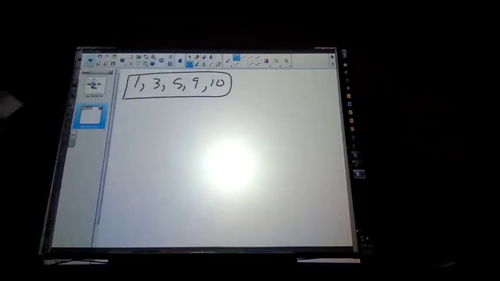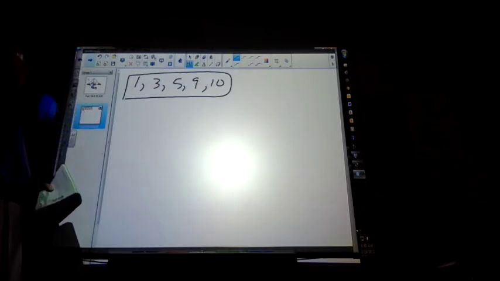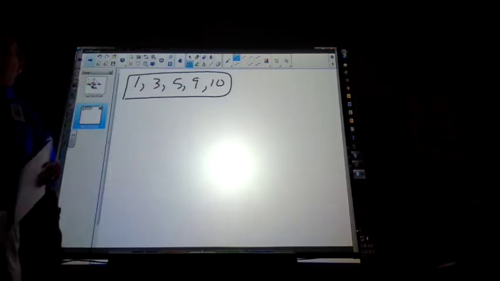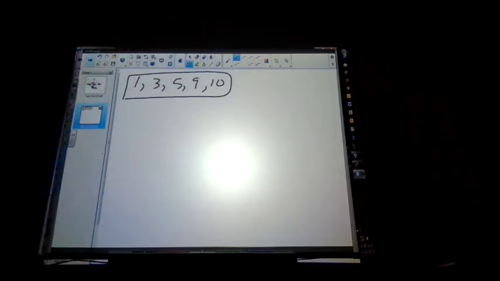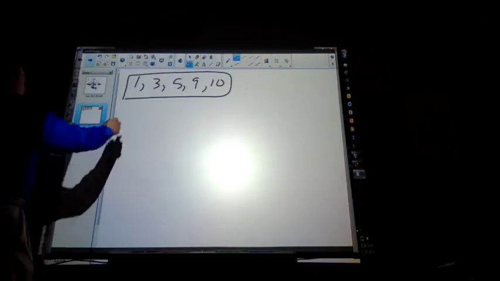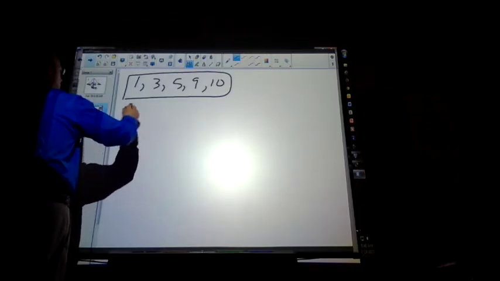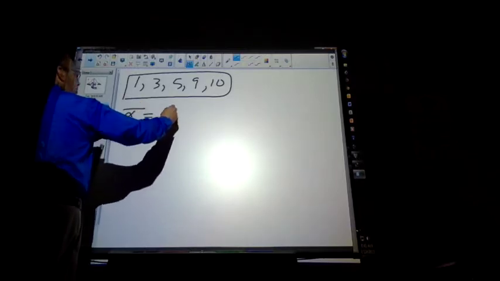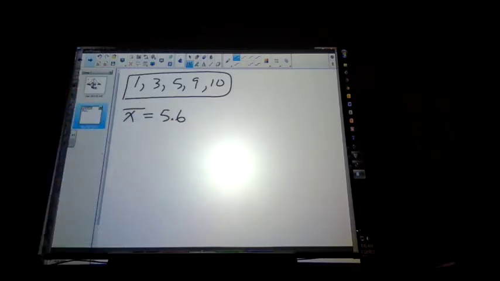Okay, so if I'm going to find the average, I'm going to add all those up, and I'm going to divide by 5, because 5 is the total number of numbers, right? So if I add all these up, I'm going to get x bar, and I'm going to find it to be 5.6.